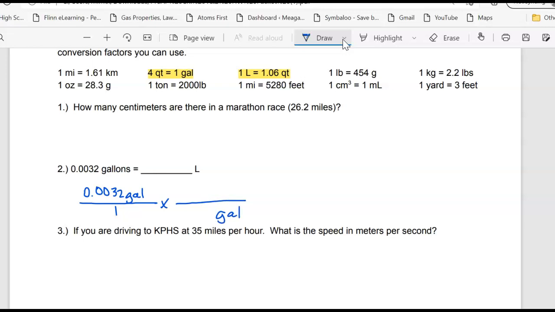I'm going to use this first conversion factor, so it would be 1 gallon is equal to 4 quarts. And then we're going to set up the second part. So then we will have quart on the bottom. So quart goes on the bottom, and so it would be 1.06 quart. And then 1 liter goes on the top.